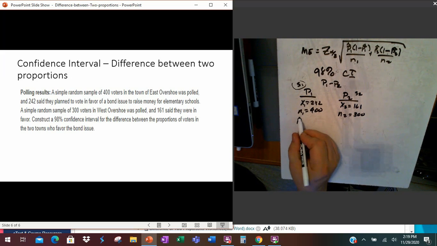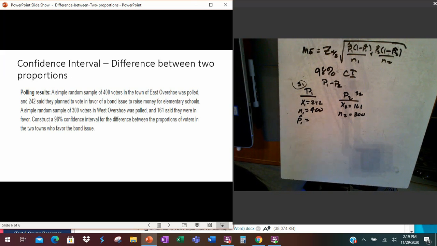So our P1 hat is 242 over 400, which is 0.605.